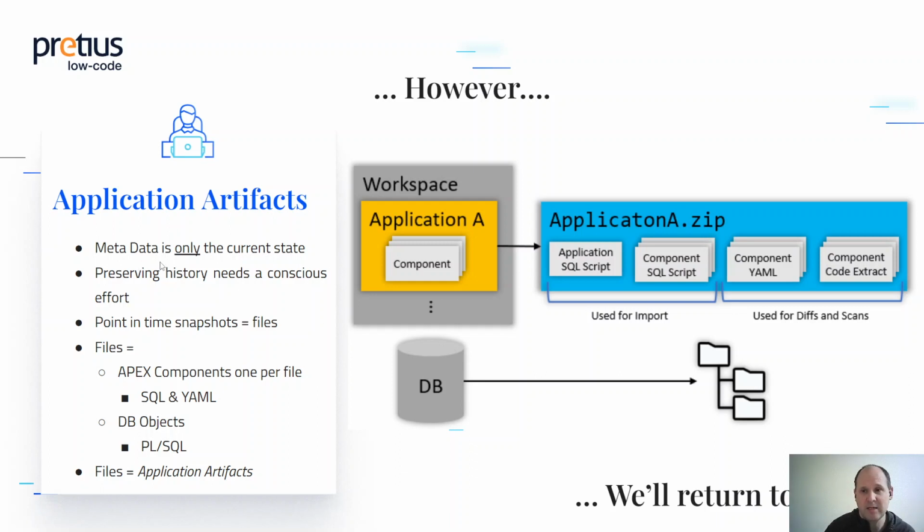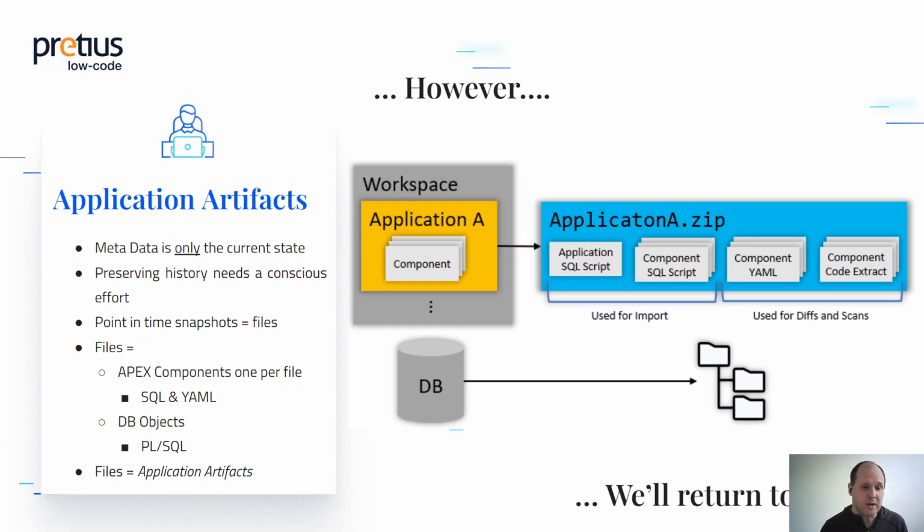Okay. Remember that metadata in your development environment is only the current state of the database, current state of the application. So whenever I change something, like I change a label, I look at the metadata, and it's the current state, the new label. So to preserve a history, you need a conscious effort on your part to record all this historical information.